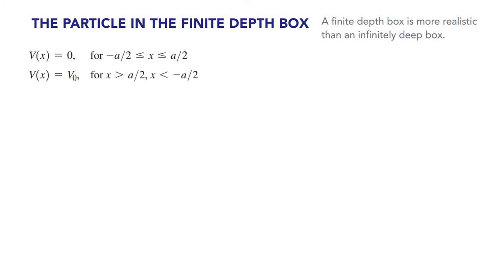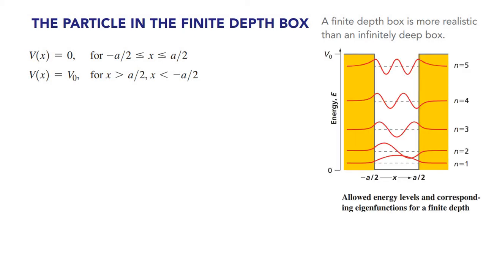Well, the structure of the box is like this. It's the figure. So you see the length of the box is from minus a by 2 to plus a by 2. So this is the box where the potential is actually 0, like the earlier case. So V(x) is 0 when x is in between minus a by 2 and plus a by 2.